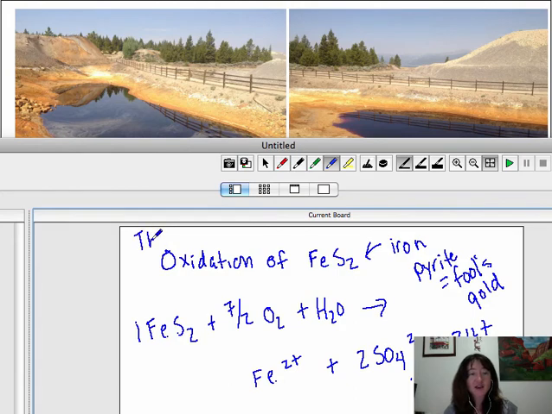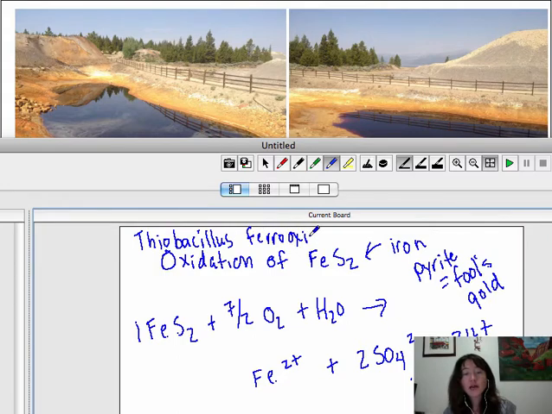Its name is thio, which some of you will recognize as relating to sulfur, bacillus ferrooxidans.